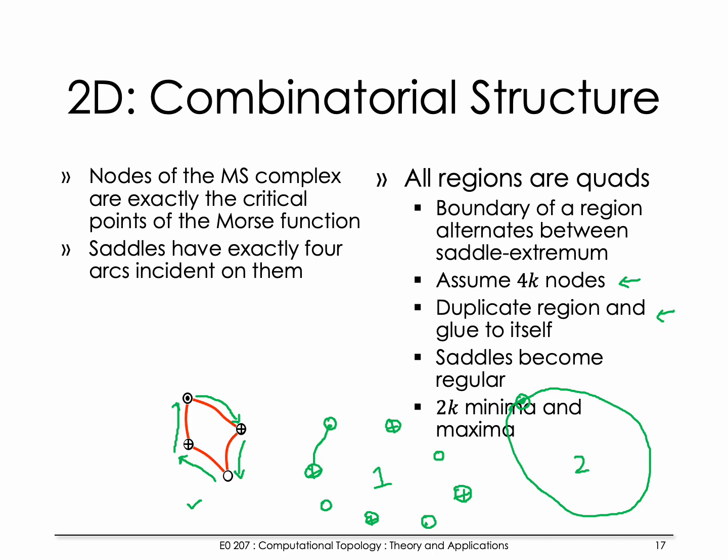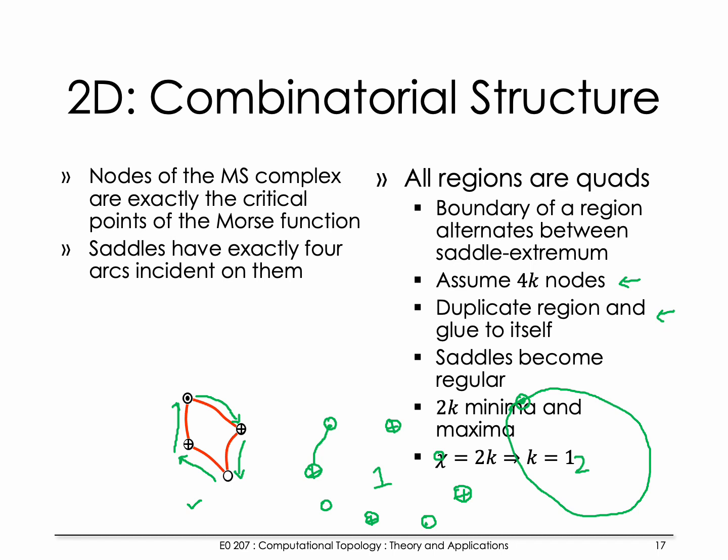And we know that the Euler characteristic can be computed as the alternating sum. What is the alternating sum? Because there are 2k minima and 2k maxima, the alternating sum is also 2k, right?